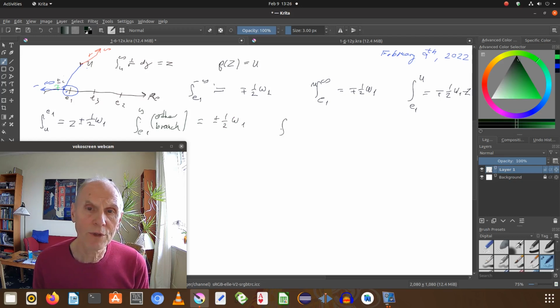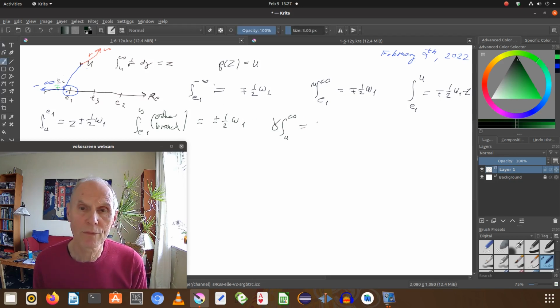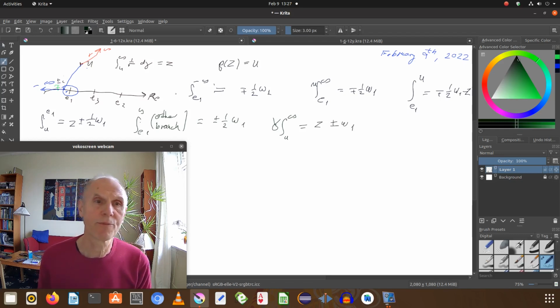And therefore the path from u around towards infinity gives this plus this, z plus minus omega 1.